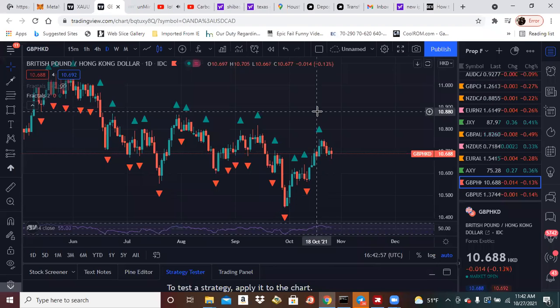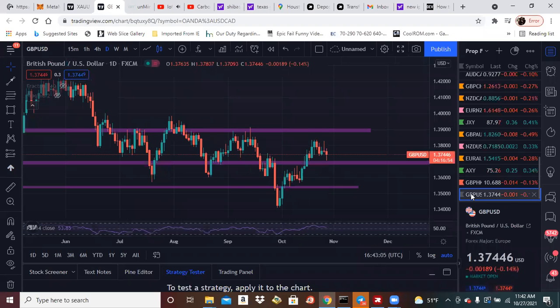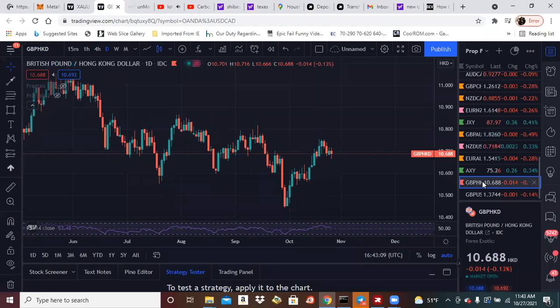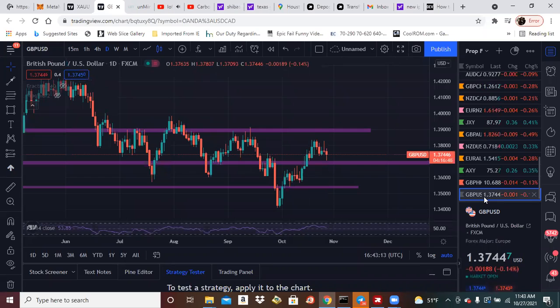So look at this chart. Let me take the fractals off. Look at GBP Hong Kong. You see that? Now let's look at GU. Looks the same, don't it? I'm gonna go back to it so you can see. GBP Hong Kong, GBP dollar. When I say that, oh man, look at this. We might have a trade set up right here.